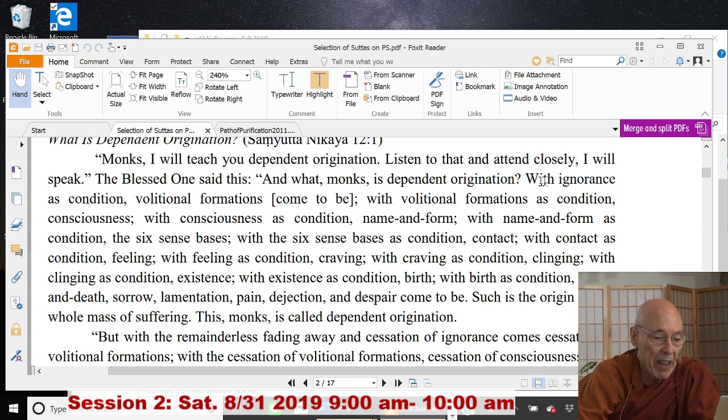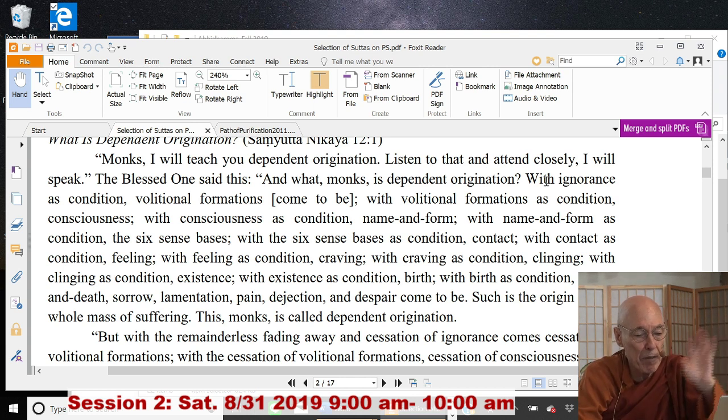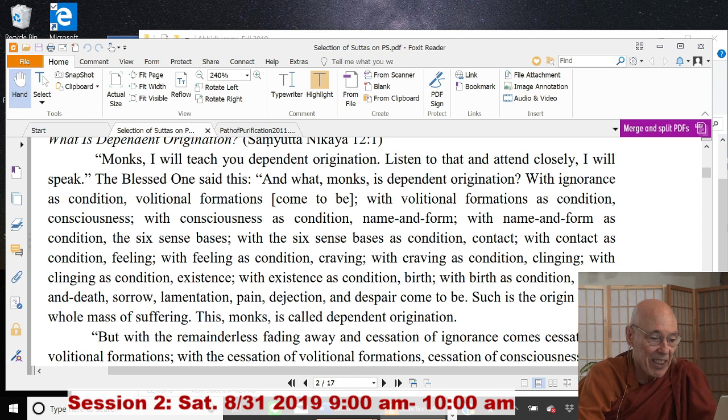And what is dependent origination? So this is the standard 12-term formula. With ignorance as condition, volitional formations come to be. With volitional formations as condition, consciousness. With consciousness as condition, there is name and form. With name and form as condition, there are the six sense bases. With the six sense bases as condition, there is contact.